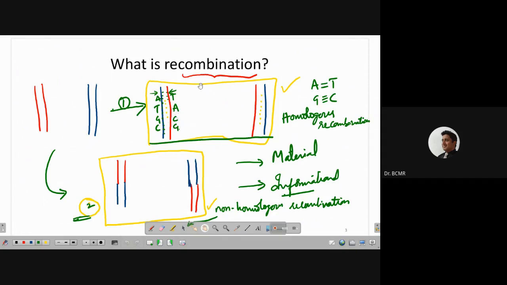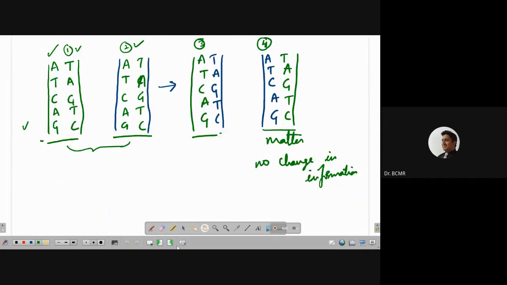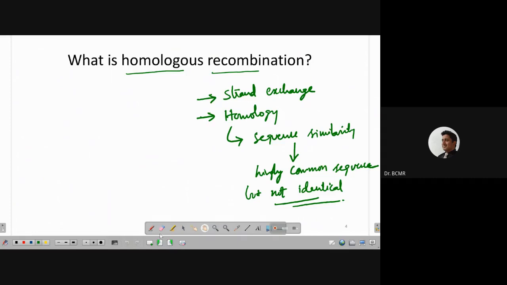And in this chapter, we are going to learn about homologous recombination, the ways in which strands can be exchanged between two different DNA molecules or even within the same DNA molecule. So I think you're clear with what is material exchange and informational exchange.